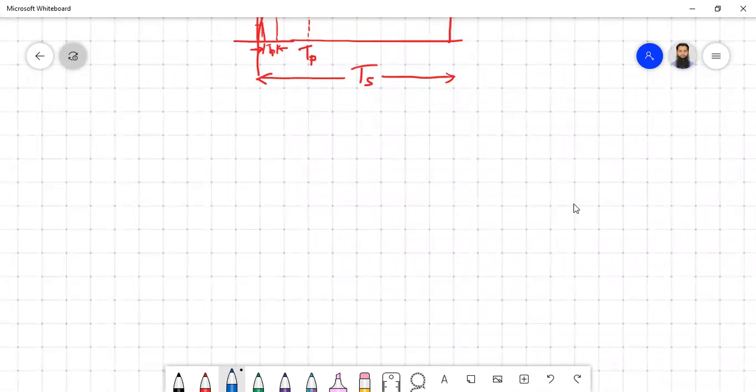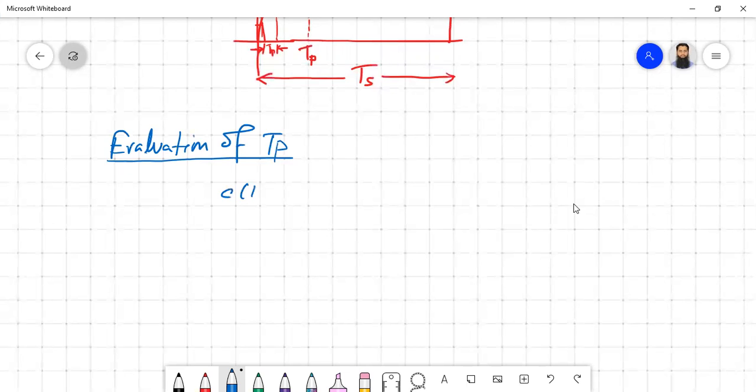First of all, start with evaluating the peak time, so evaluation of TP. How do we find the TP? So far the solution that we have gathered is something like this.